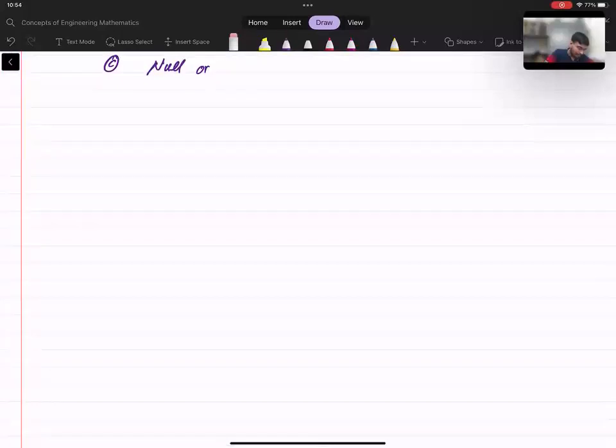It may have any dimension, but all the elements of this matrix will be 0. Null or zero matrix. So any matrix in which all the elements are 0.